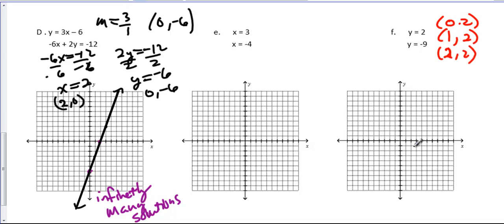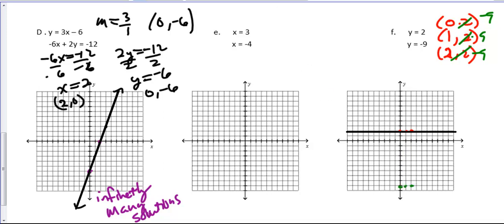Instead, we would list our ordered pairs and create our graphs this way. So there you have it, one. And then the other one would be -9. So I could just go boom, boom, boom. These are -9s now. So I go down 1, 2, 3, 4, 5, 6, 7, 8, 9.